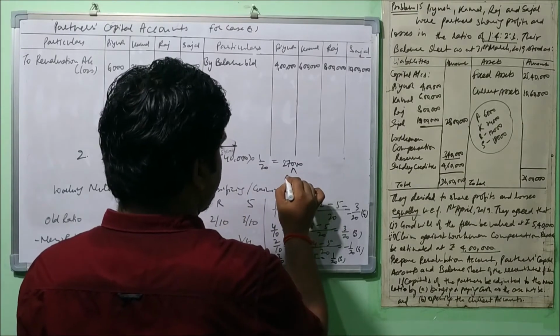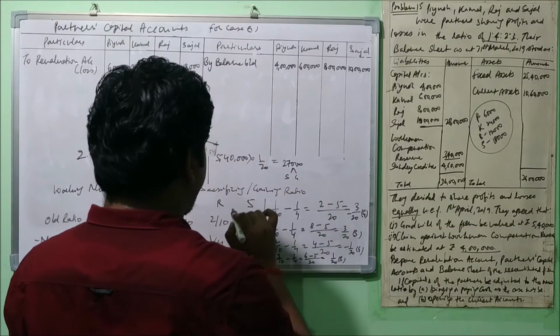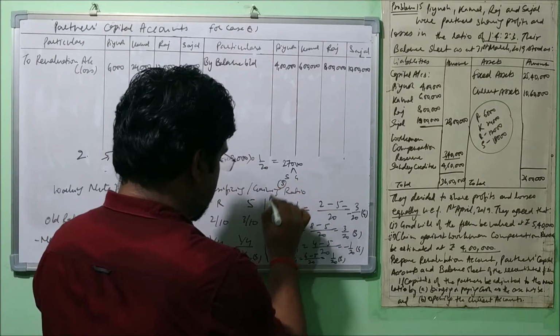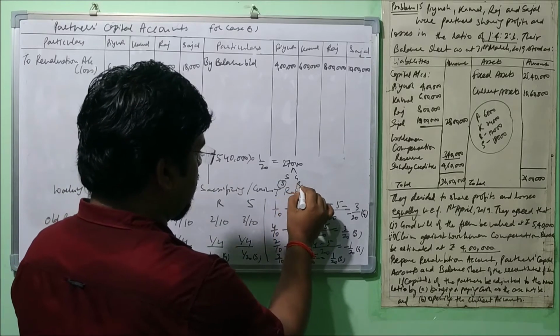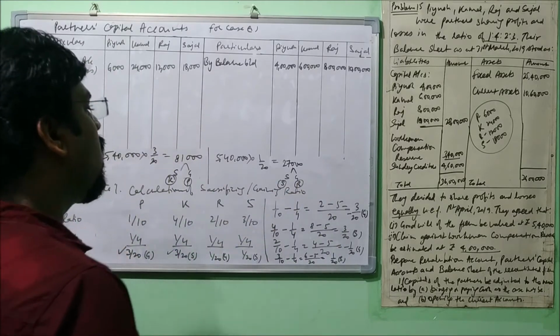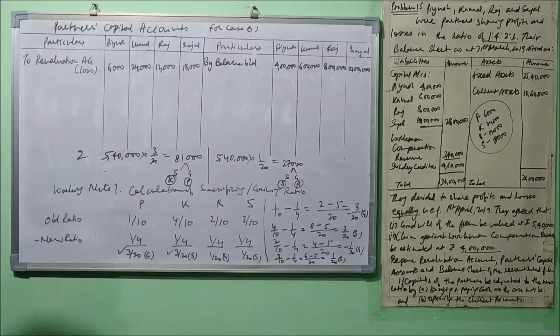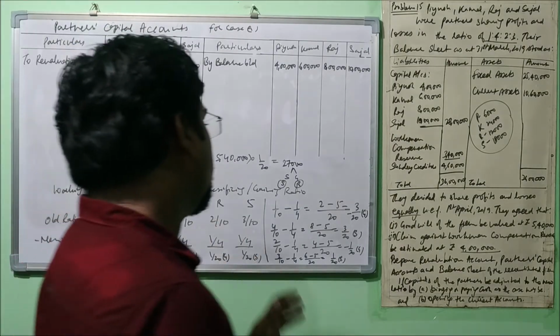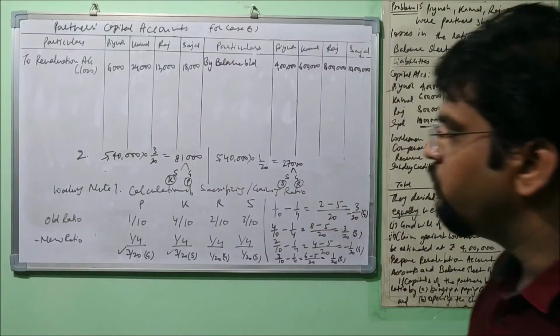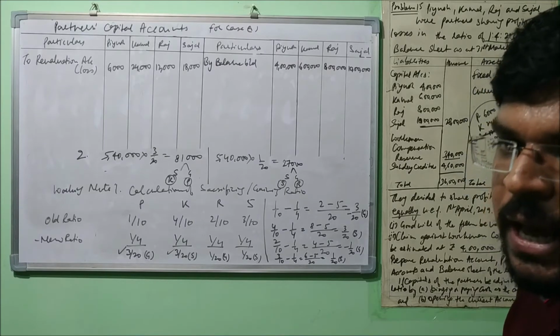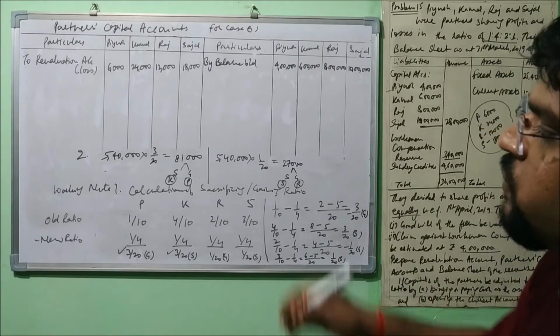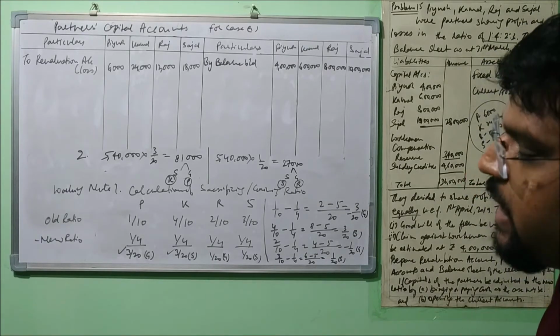So this 27,000 will be sacrificed by Sajal and gained by Raj. Understood? Now we'll pass the journal entry. Like I told you, we need to pass the journal entry. If we pass the journal entry, only then we can correctly transfer the amount at the correct place.